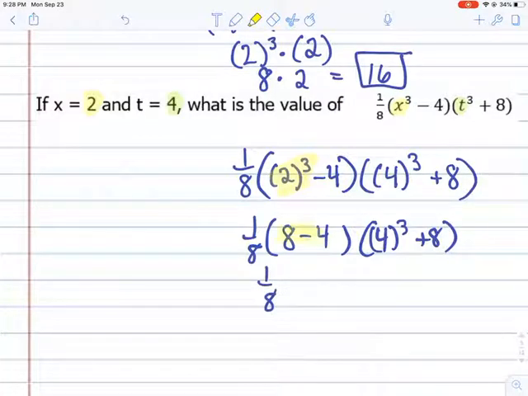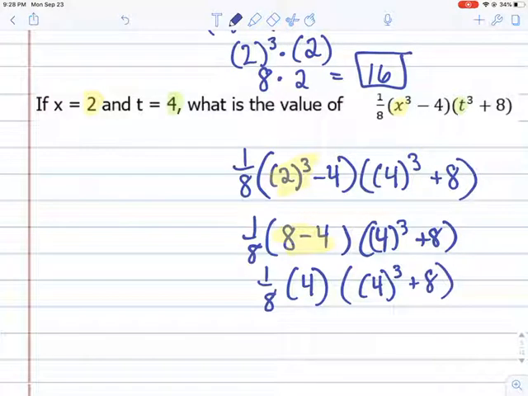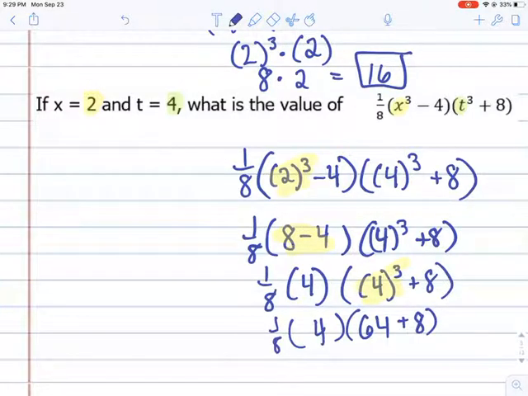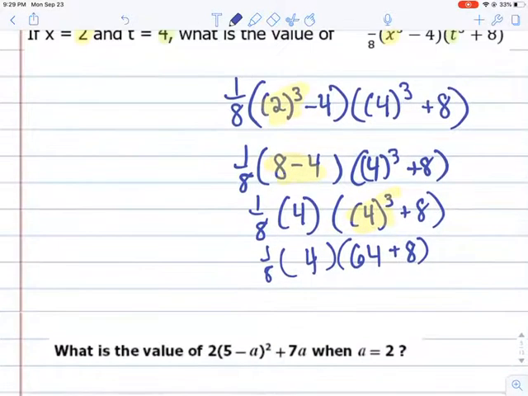We're going to go ahead and subtract, so that would be 4. And then that grouping symbol's done, so we're moving on to the next. 4 to the third, which is 64, plus 8. And then down here, 64 plus 8 would be 72.